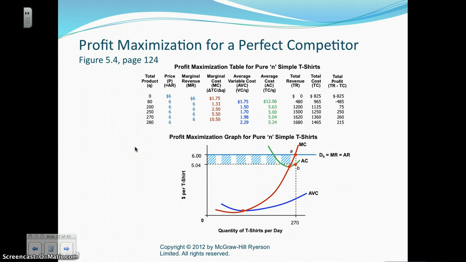Again, profit maximization for a perfect competitor. So here we have what looks to be a confusing graph, but it's actually not. We have the point at which marginal cost, represented by the red curve, equals marginal revenue, represented by the demand curve.